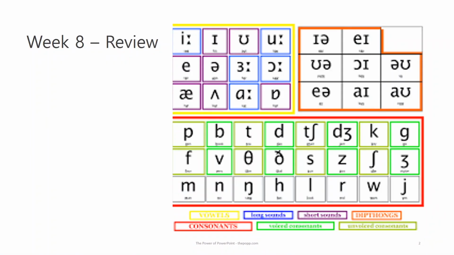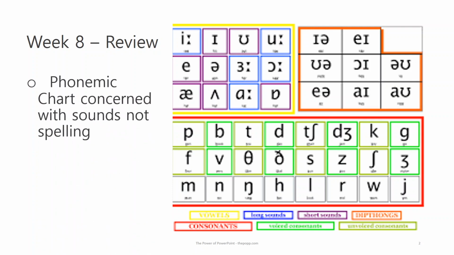So let's review week 8. We introduced our phonemic chart for English. There's about 40 sounds. And something to always remember is that the phonemic chart is concerned with the sounds that we make, not spellings. When we write something out in IPA, the International Phonemic Alphabet, that doesn't necessarily mean that the spelling is going to follow.